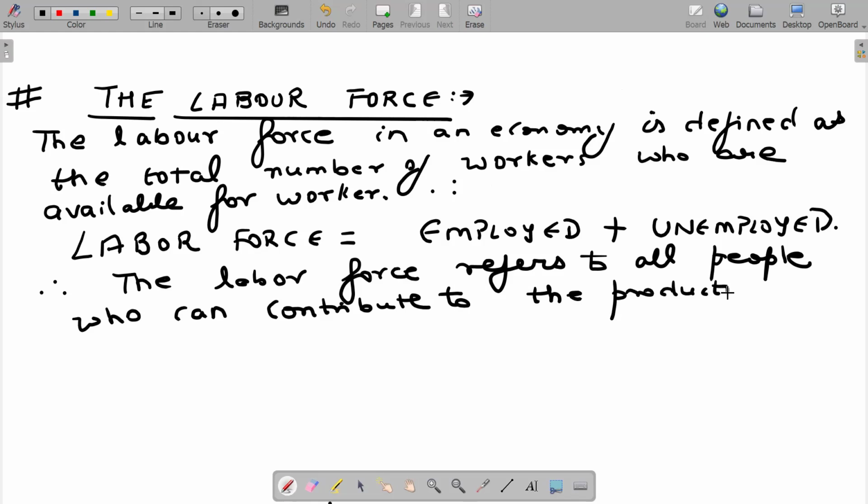It refers to all those people who can contribute to the production of goods and services. Okay, so hoping students have understood this.